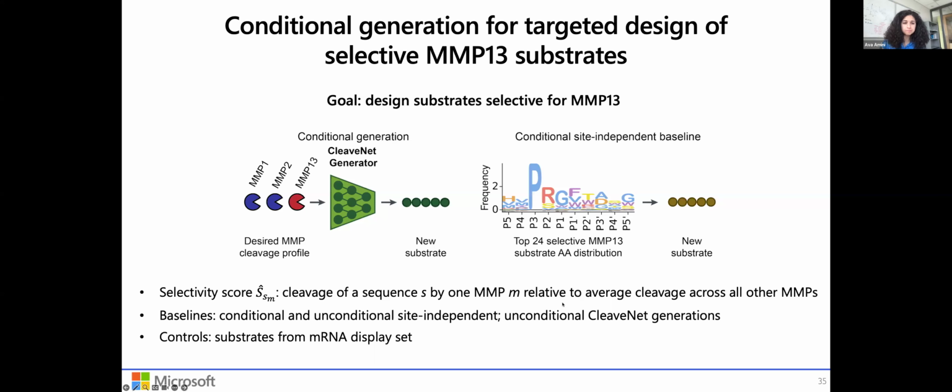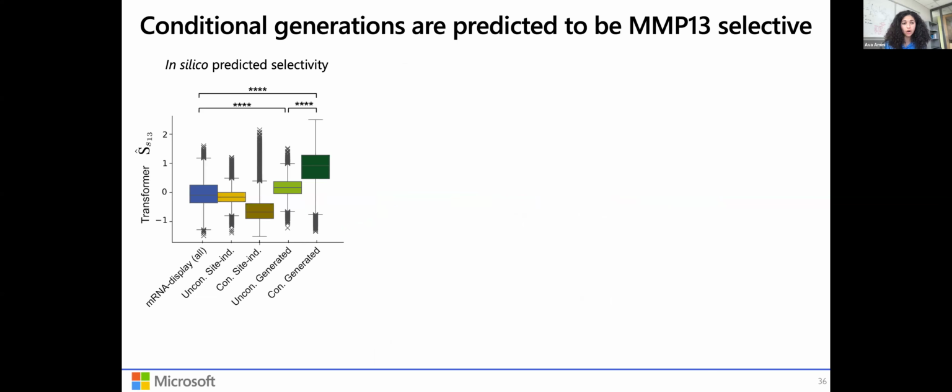And so first, we tested things out in silico, where now we are using our predictor to score these generations and transform those cleavage predictions into a selectivity score. And what you can immediately appreciate on the far right in dark green here is that the conditional generations achieve the highest predicted selectivity scores. Again, this is only in silico, relative to both the unconditional generations and the total distribution of mRNA display peptides.